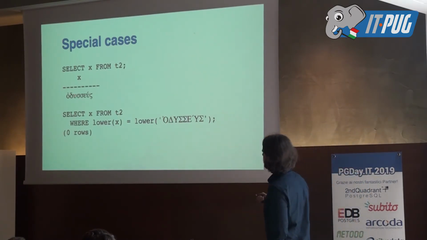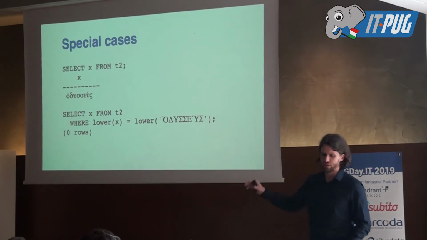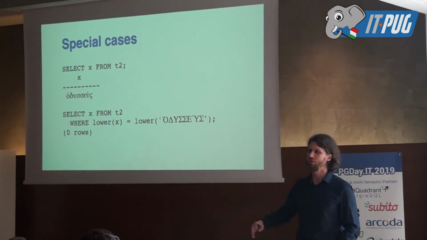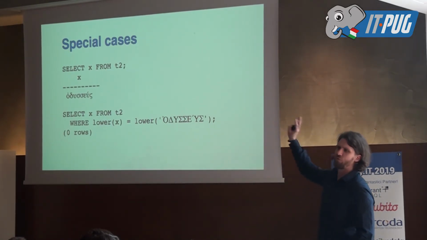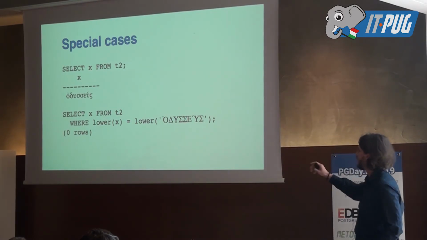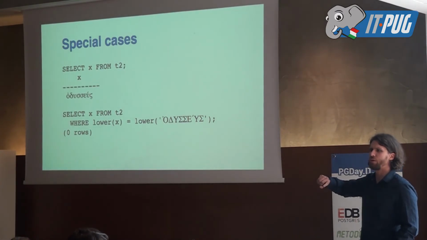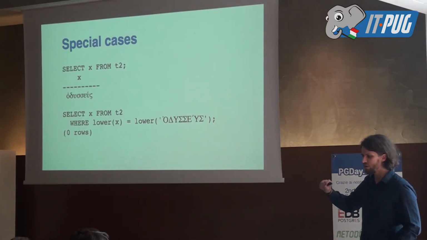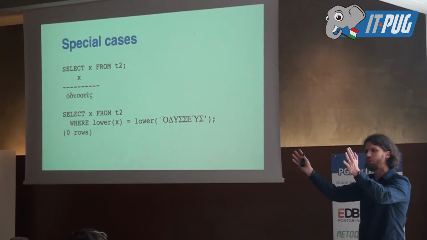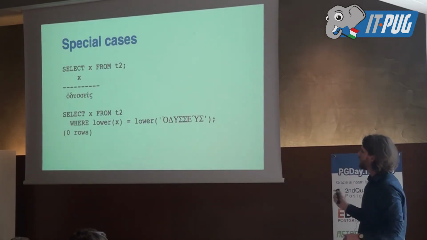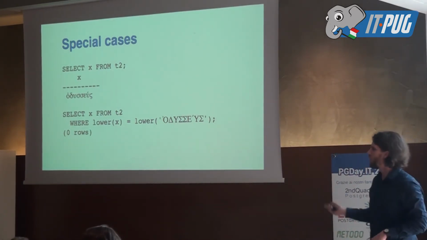This is a well-known special case amongst European languages, but also in languages further away. There are more things like that where there's no one-to-one mapping between lowercase and uppercase letters. Sometimes one letter maps to multiple letters and things like that. So this will somehow break.